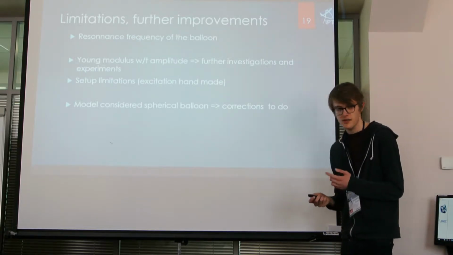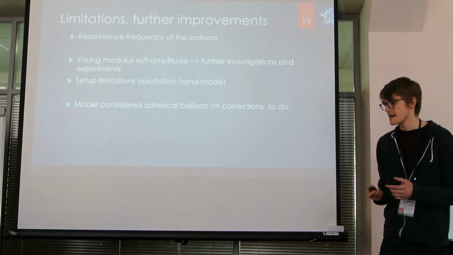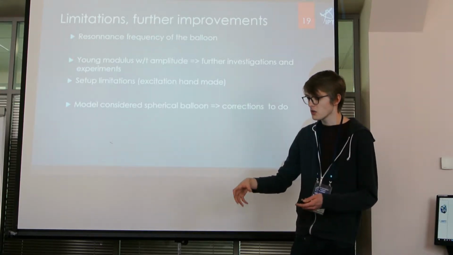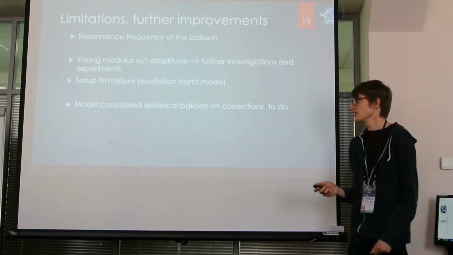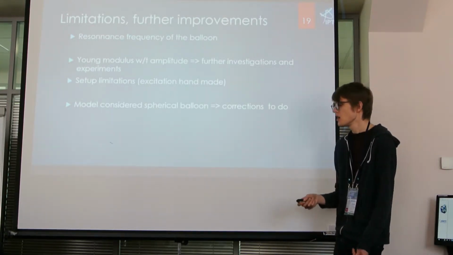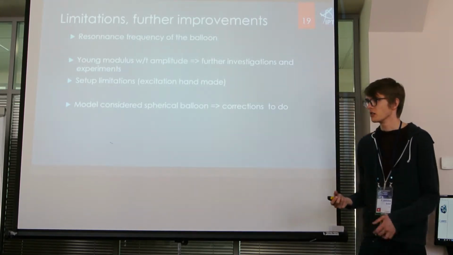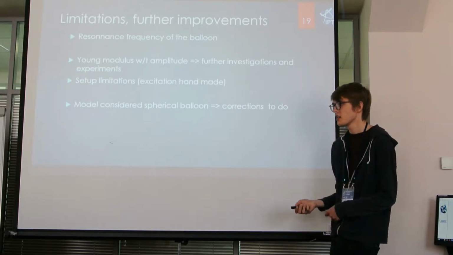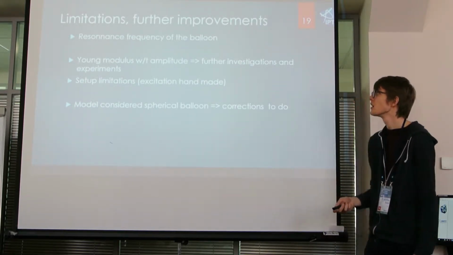The setup also has some improvements that can be made, mostly because we turned the balloon by hand. Also, one really important thing is that we considered the balloon to be a sphere, which is obviously not the case, because the radius is smaller at the end of the balloon. And so this changes things, such as the radius, but also the Young modulus.